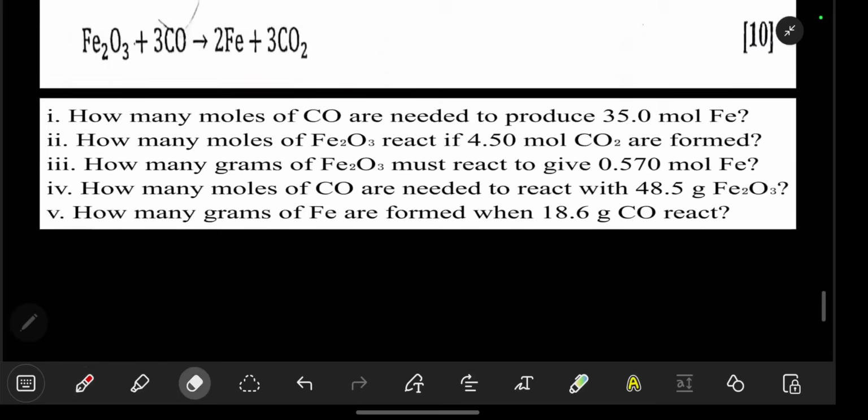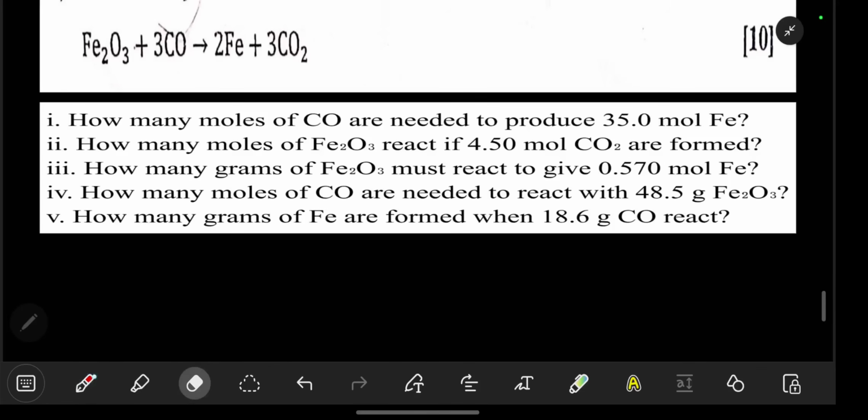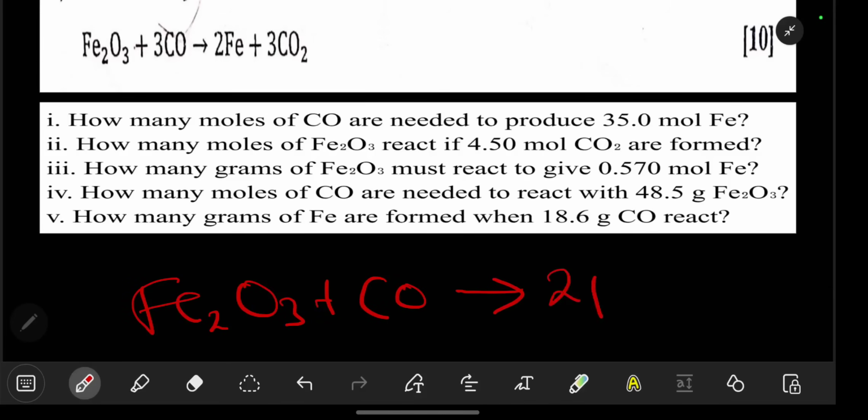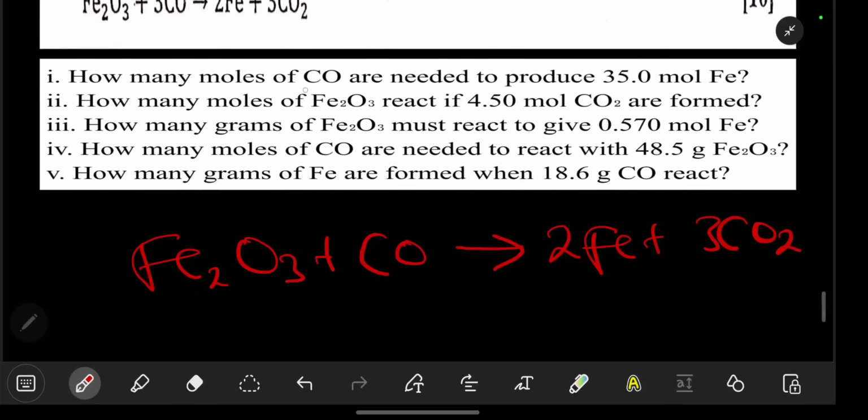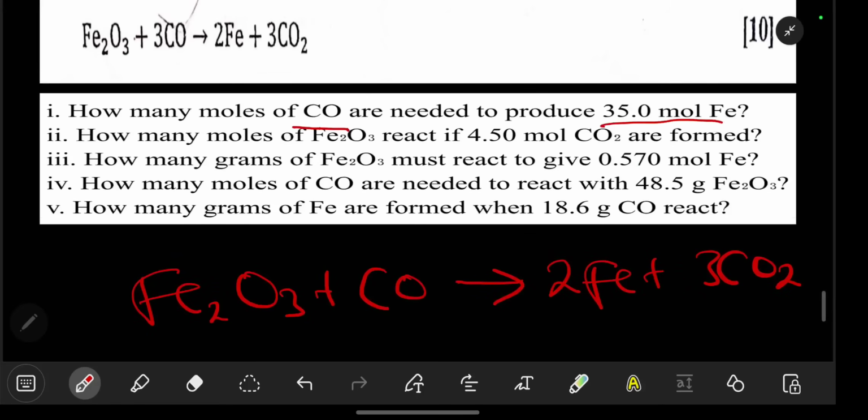So if we have this question which says that iron 3 oxide reacts with carbon monoxide to produce iron plus 3 moles of carbon dioxide. How many moles of carbon monoxide are needed to produce 35 moles of that?